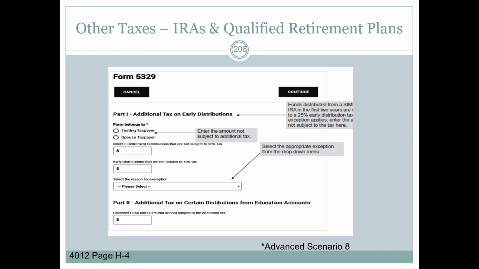Then you select, if you have an exception, then you would click on the drop-down box and check the one that applies. And remember I said the coronavirus is new for this year, and it would go under other. And again, like I said, you will see this in advanced scenario 8.